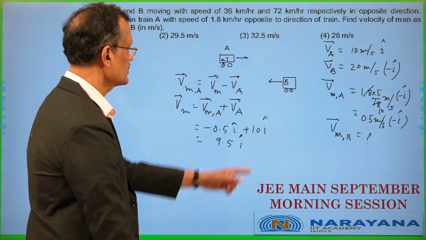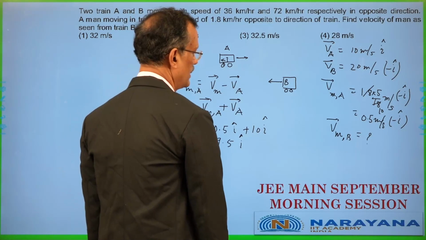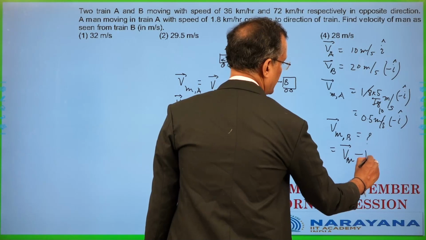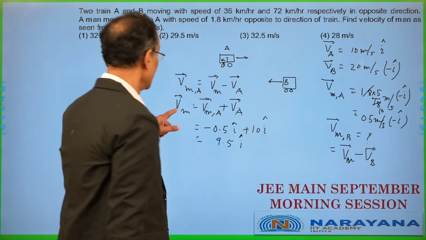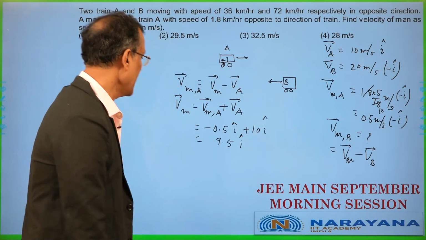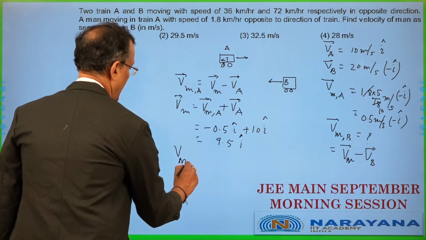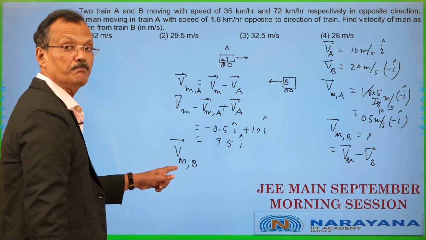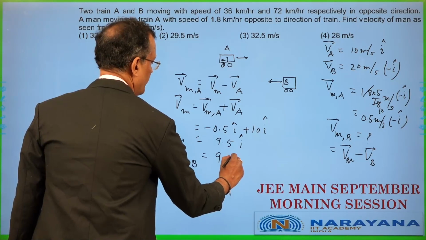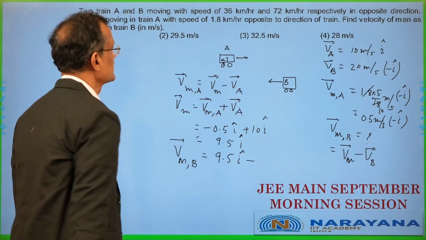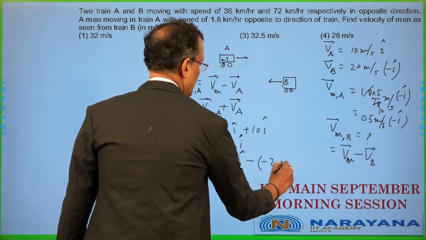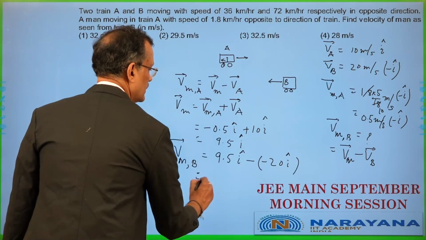Now they are asking you the velocity of man with respect to B. So this will be equal to velocity of man minus velocity of B. Now this is with respect to ground, the absolute velocity of man. So Vmb, the velocity of man with respect to B, is Vm, 9.5 I, minus Vb. Vb is minus 20 I. So how much are you getting?